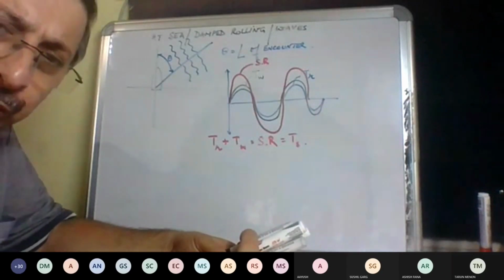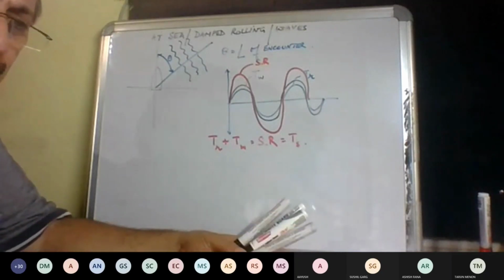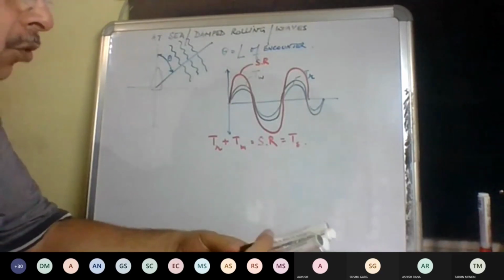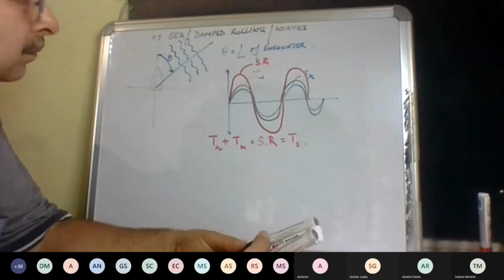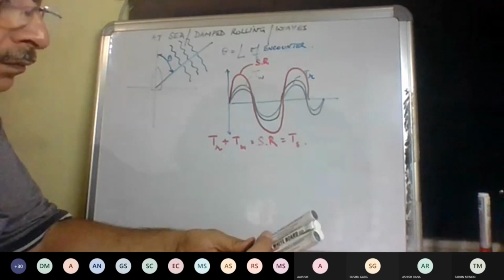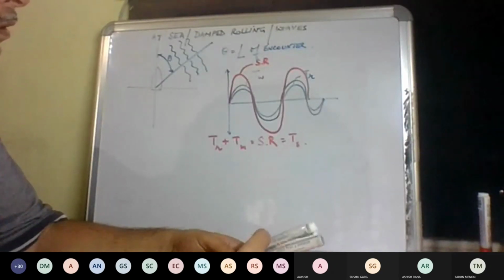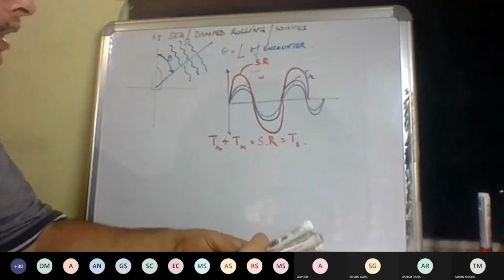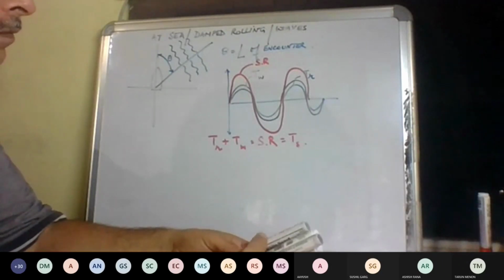Or sometimes you do both, a combination of the two also at sea. To weather the storm, you do both. You alter your course and you reduce your speed. So this is all about your damped rolling, waves rolling, rolling in waves, rolling at sea, synchronized rolling.